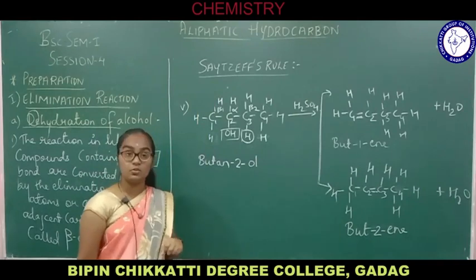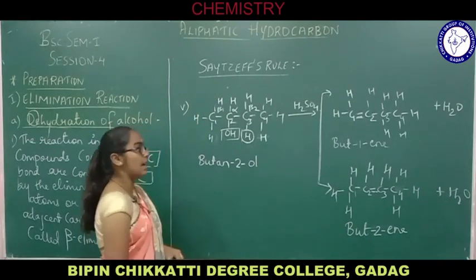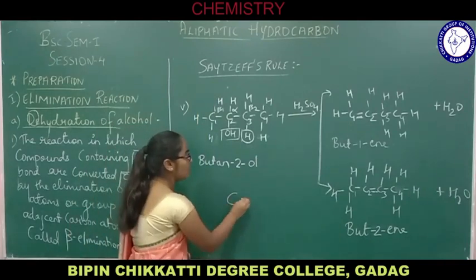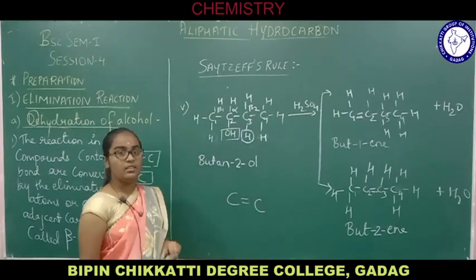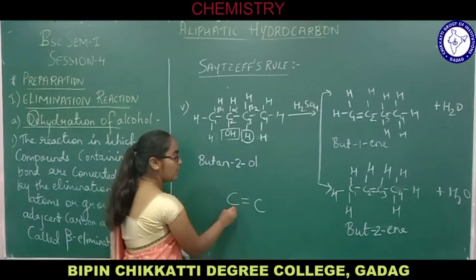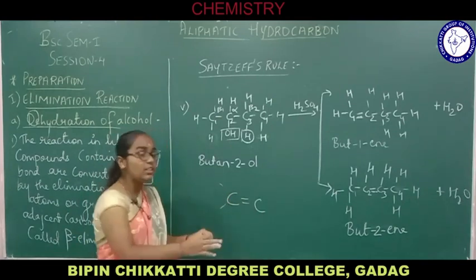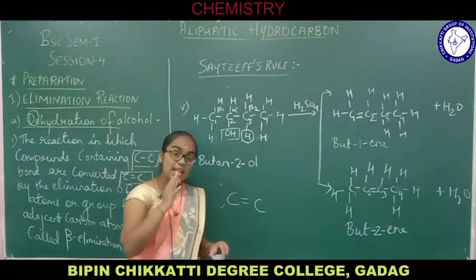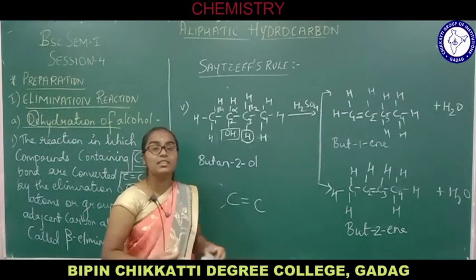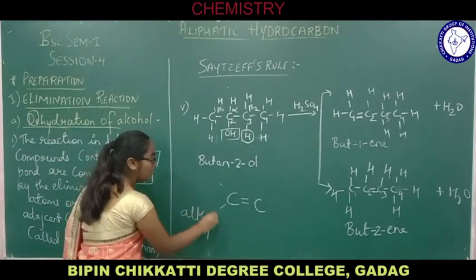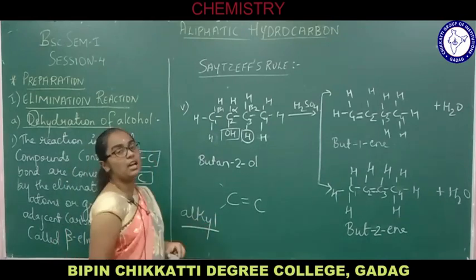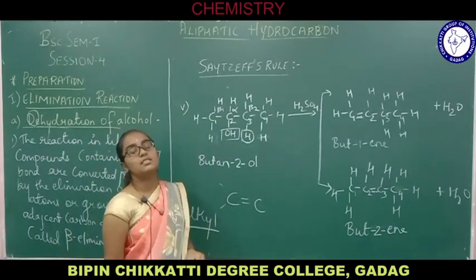Let's understand this rule. This rule says that if a carbon-carbon double bond is present in the alkene, then the product in which a greater number of alkyl groups is present on the doubly bonded carbon atoms is considered to be the major one.